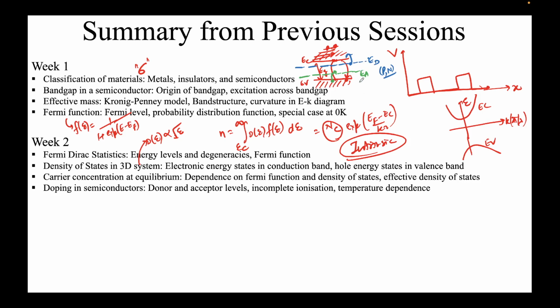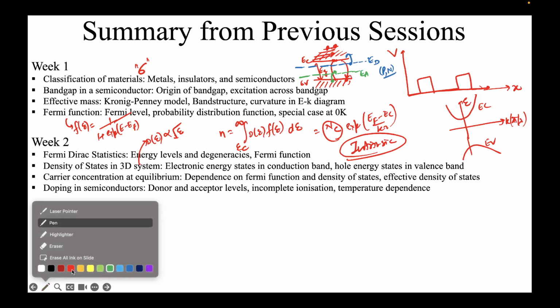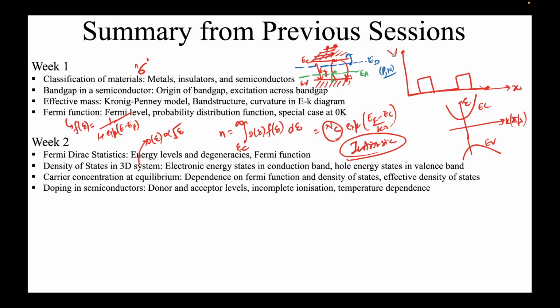Finally, we also saw that it's not always the case that these donors and acceptors are ionized. They need to be ionized, that is, either they have to donate electrons or accept electrons. At very low temperatures, let's say below 100 Kelvin or something, we have what is called incomplete ionization. Then we saw that as we increase the temperature, we arrive at a state where all the dopants are ionized.